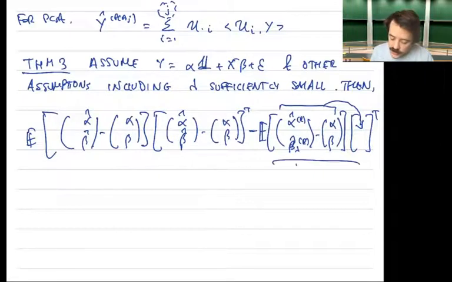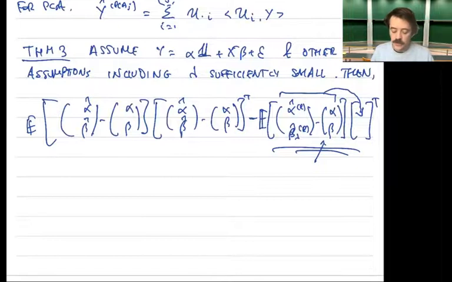Note that this guy here is not exactly the covariance, because for the covariance we would need to subtract the expectation. And remember, ridge is biased, so the expectation is not equal to the true parameter, although asymptotically it should be.